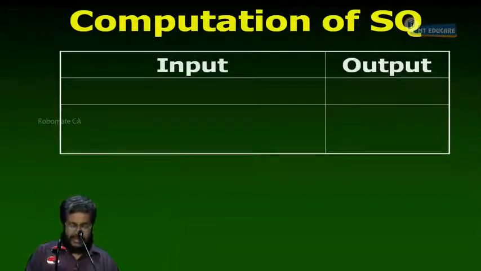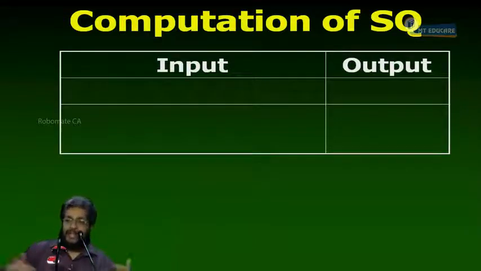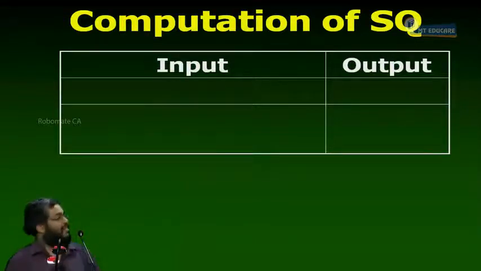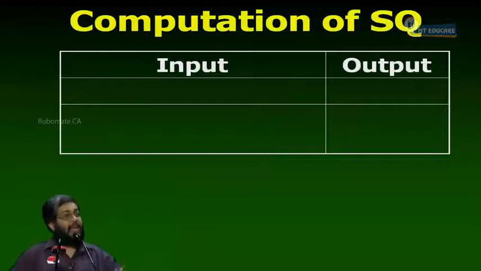The question says the standard loss in production is 10%. Because in a number of processes, when I put in 100 kg, the entire 100 will not come out. There is a processing loss of some percentage, which you call normal loss. More about that I'll discuss in process costing later. We'll have one separate class to discuss normal loss and abnormal loss before we enter the process costing chapter.